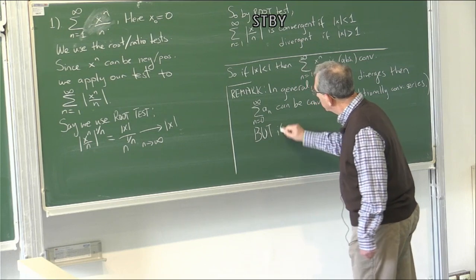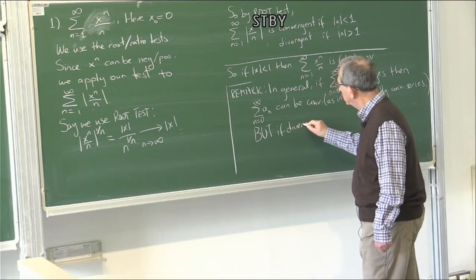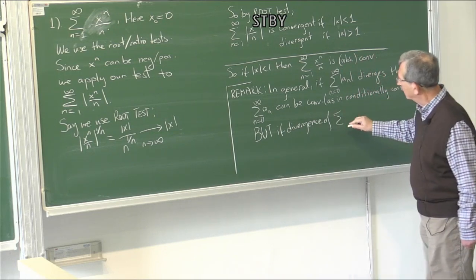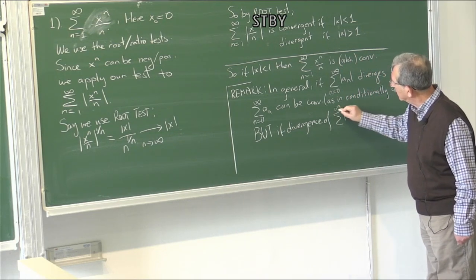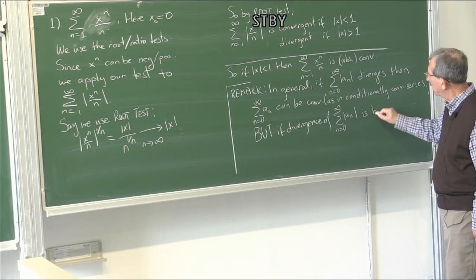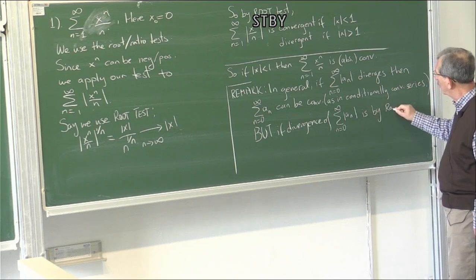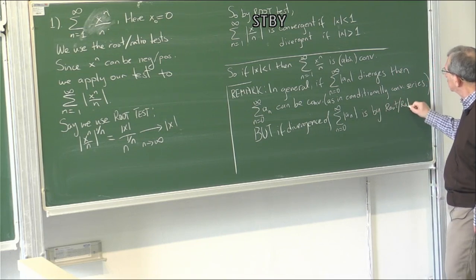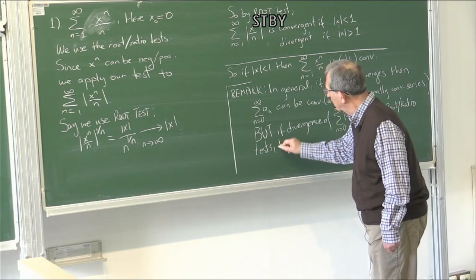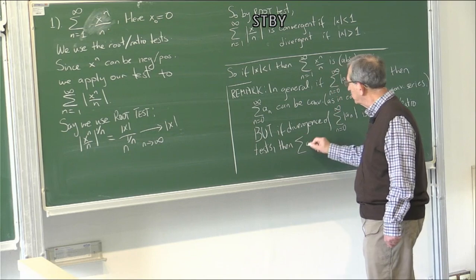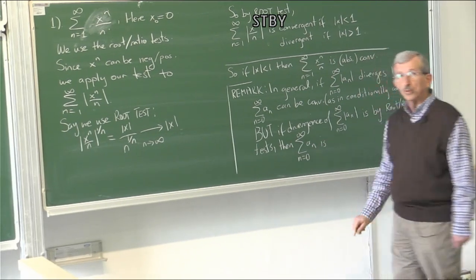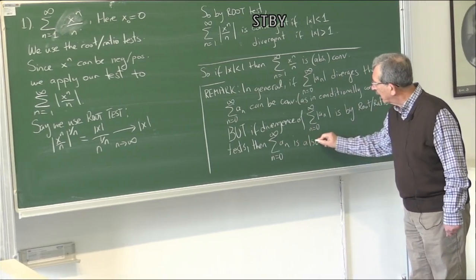The big but comes here. But if the divergence of this series is by root or ratio tests, then the series without absolute value is also divergent.